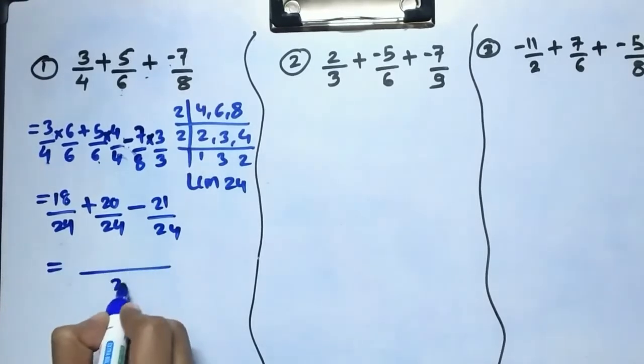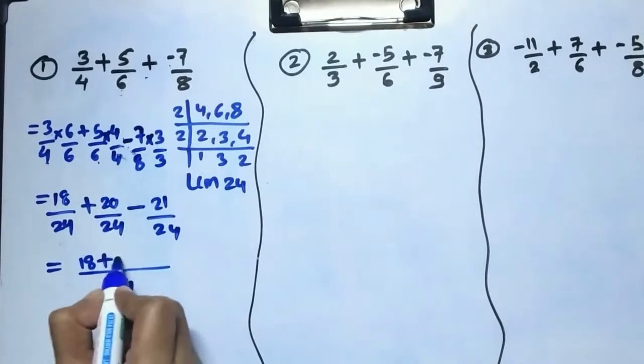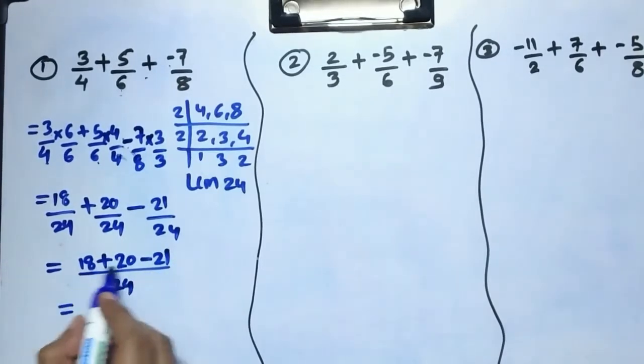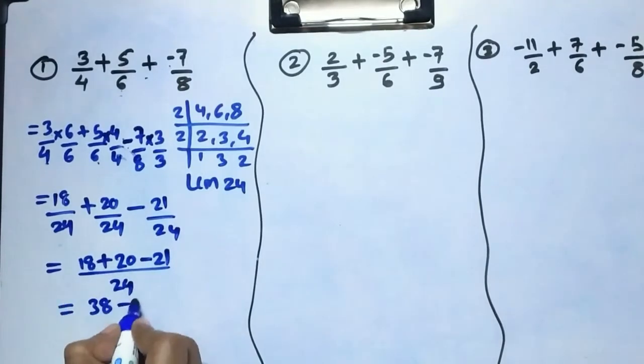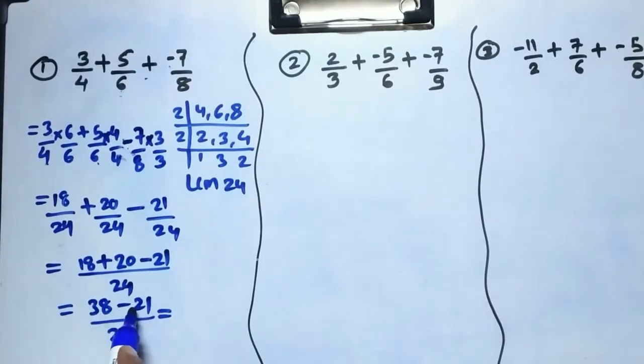So we write the denominator once and write down the operations of the numerators: 18 plus 20 minus 21. 18 plus 20 is 38, minus 21, upon 24. Friends, just do the subtraction. Subtract 21 from 38, we get 17 upon 24. So this is your final answer.